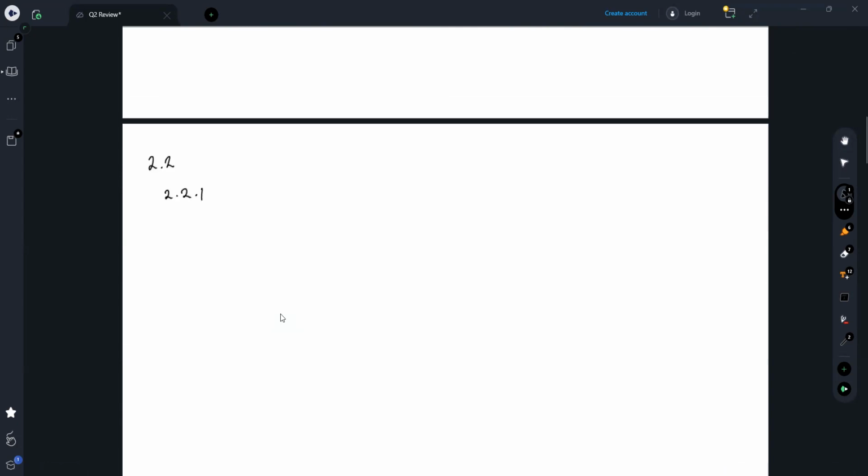We've been given T1, T2, T3, T4, and we just want to get to T5 and show that T5 is equal to 111.